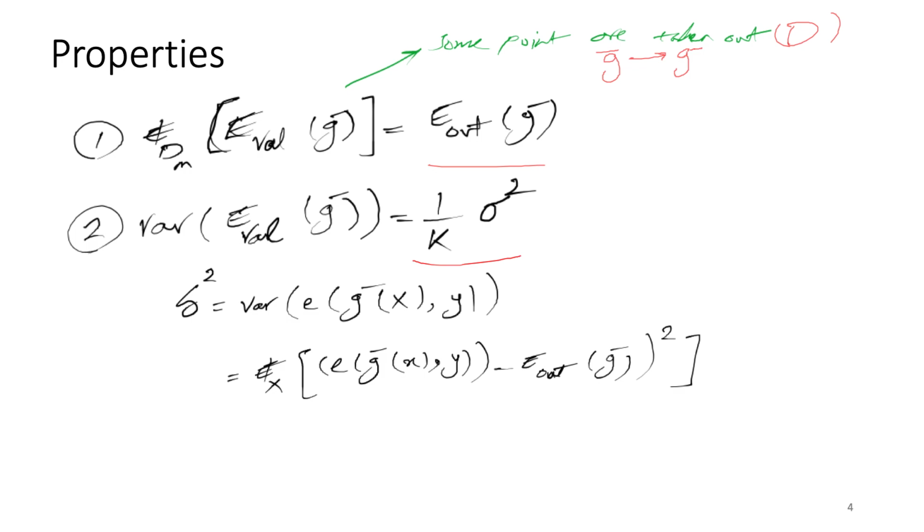Thus, we can put this in place. So the expected value over x in your data of the difference between the pointwise error and Eout of g squared, right? This is the second property.